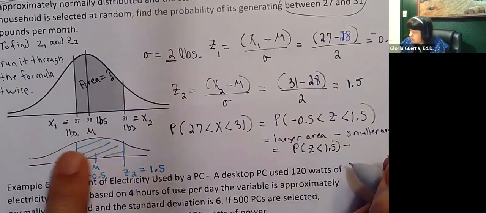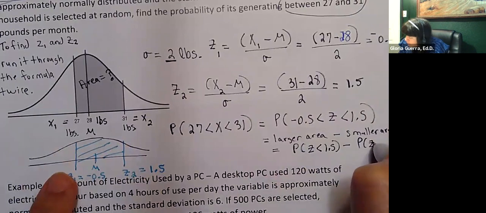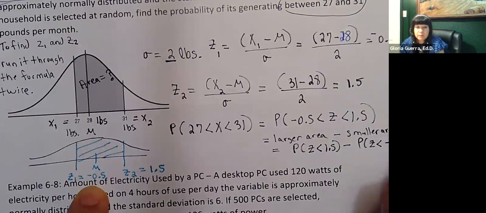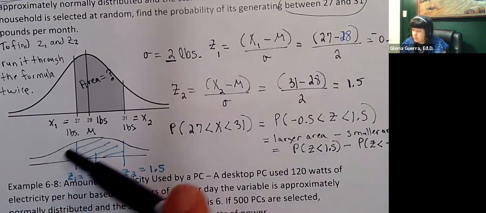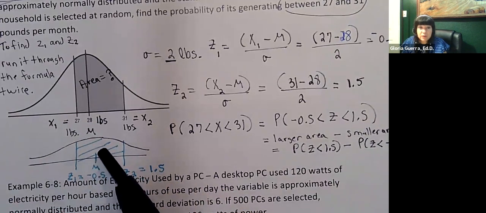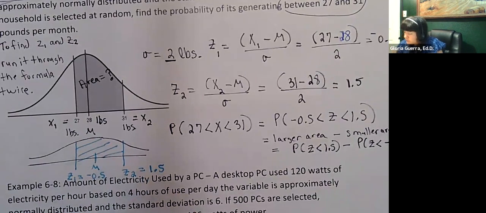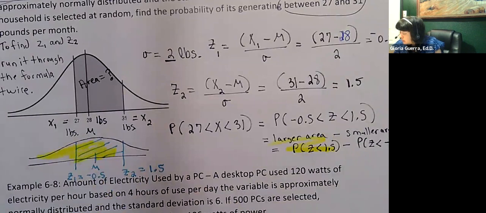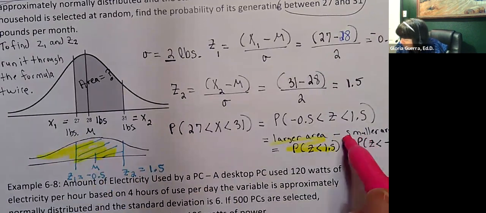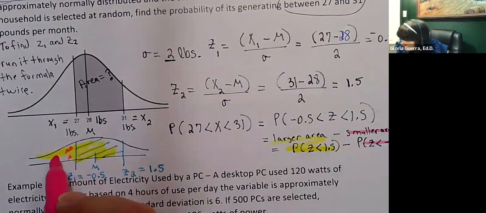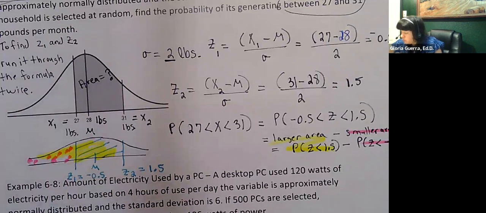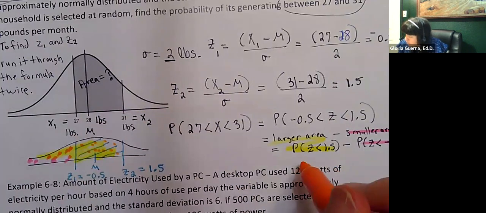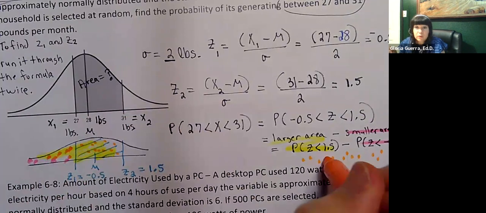And then you're taking away the smaller area: probability of Z is less than negative 0.5. So this larger area minus the smaller area leaves you with this orange area.